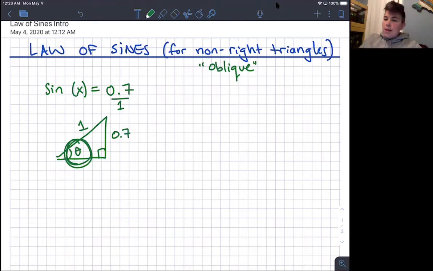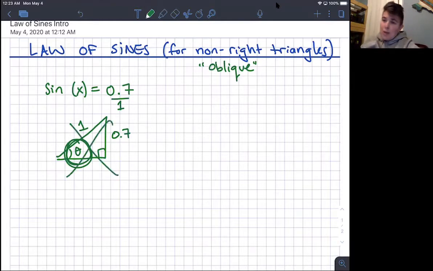Some people sat around a long, long time ago, before the internet was around, and figured out what the sine value would be for every possible angle. Before we had calculators that memorized all this, they literally had charts, or tables rather, and you would go through and say, okay, the sine of 15.351 degrees is, and find it. Luckily, now we have calculators to do all that work for us.